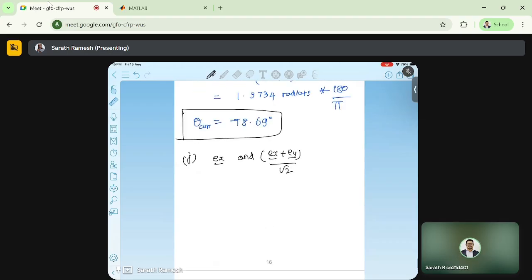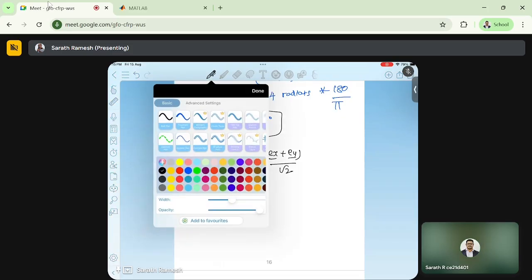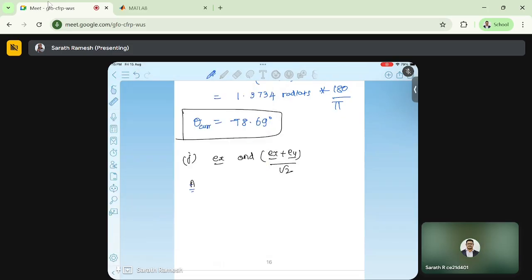So here, what was our A? A was 1, 0, 0. B was 1 by root 2, 1 by root 2, 0.